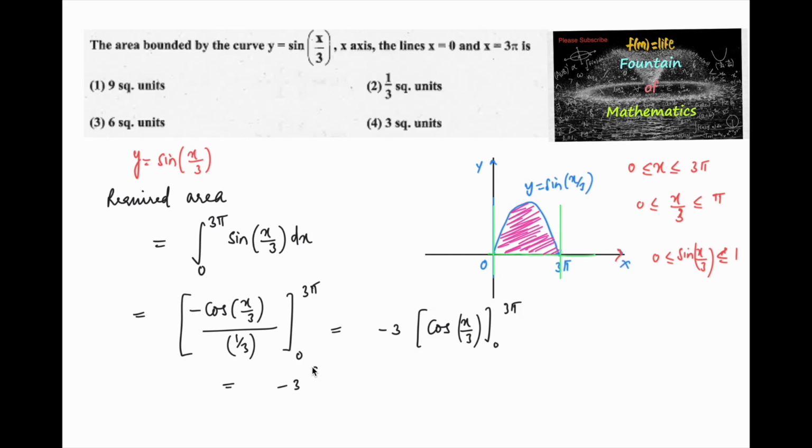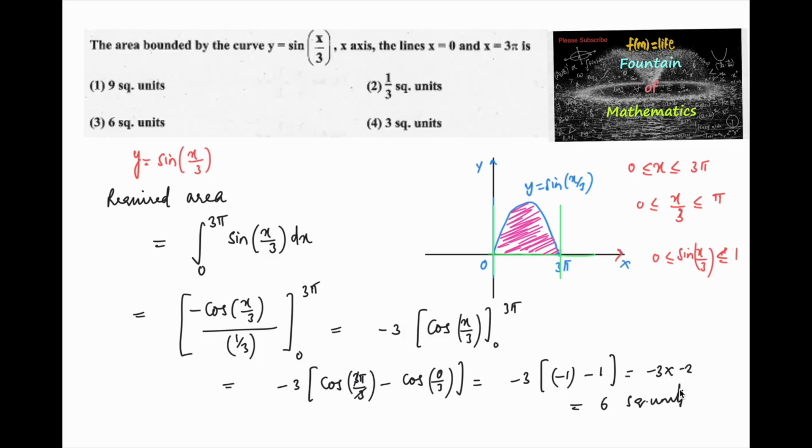Now substituting the limits, upper limit cos of 3 pi by 3 minus the lower limit cos of 0 by 3, which is equal to minus 3 times of cos pi, which is negative 1, minus cos 0, which is 1, which is minus 3 into minus 2, which is equal to 6 square units. So the area bounded by the curve y is equal to sine of x by 3, the x-axis, and the lines x is equal to 0 and x is equal to 3 pi is 6 square units, which is our option 3.